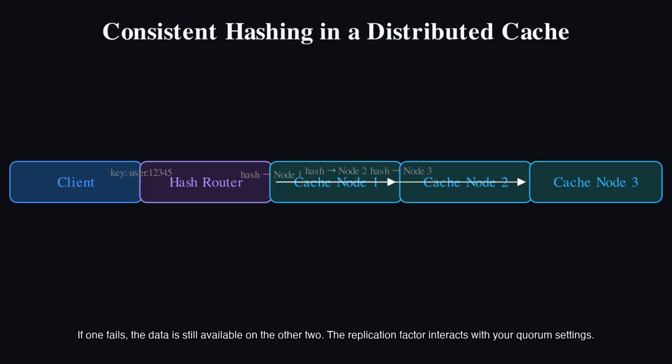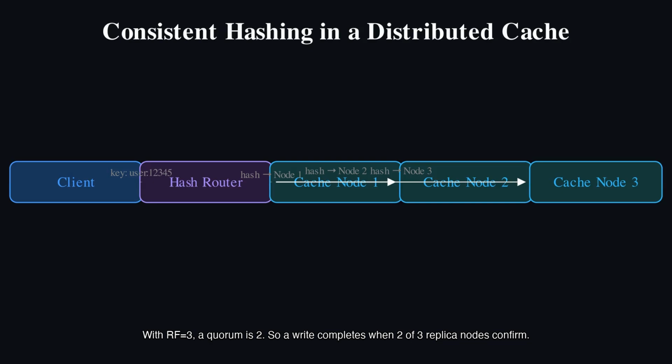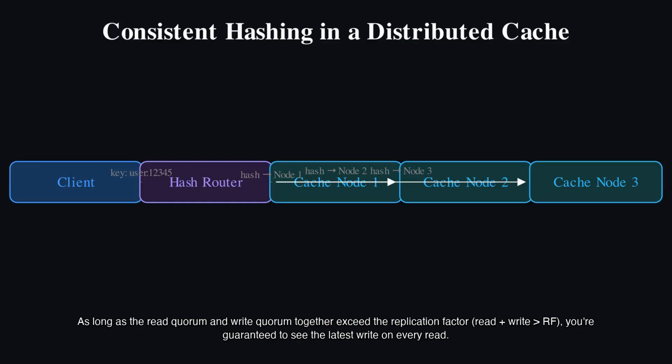The replication factor interacts with your quorum settings. In Cassandra, you configure reads and writes to require acknowledgement from a quorum of replicas, typically a majority. With RF=3, a quorum is 2. So a write completes when 2 of 3 replica nodes confirm. A read succeeds when 2 of 3 nodes respond.